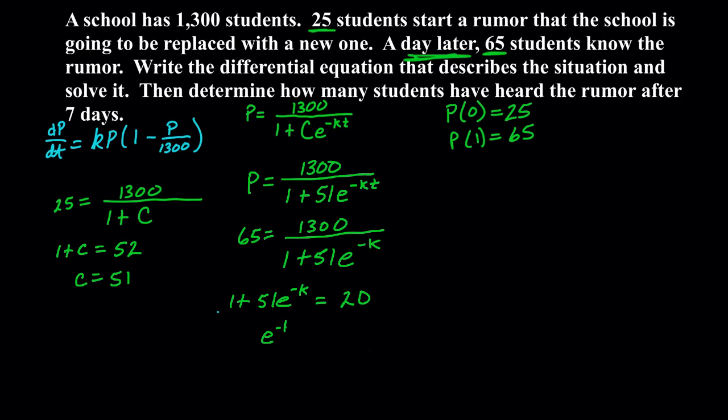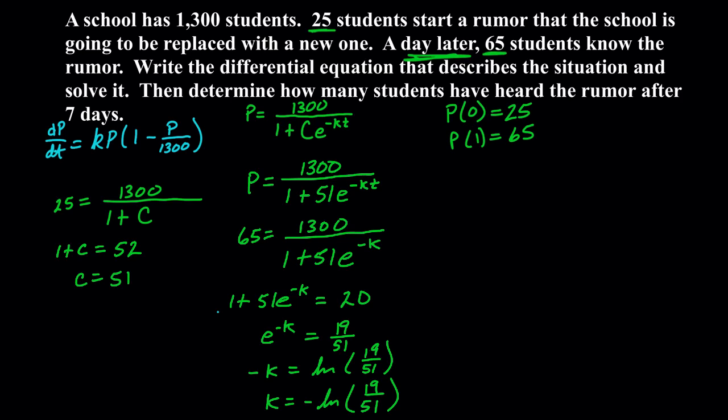If you subtract 1 and then divide by 51, you're going to get 19 over 51. Take the natural log of both sides, so negative k equals natural log of 19 over 51, and k is now the negative natural log. So we now know the value of k.